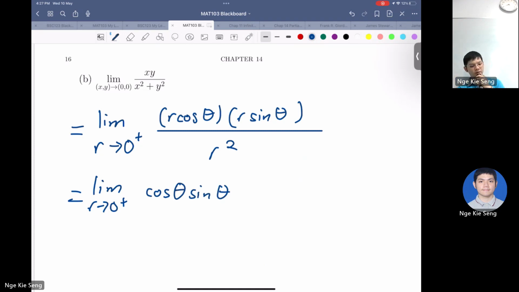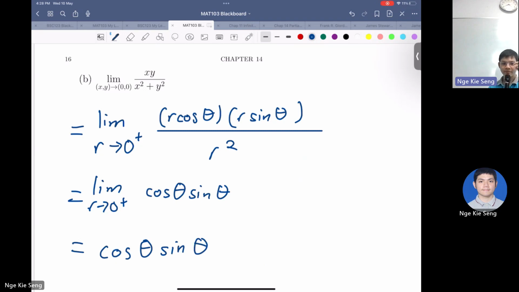So what's this limit equal to? 0? Why? Okay, this is a function in theta, so nothing in r. This is just cos theta times sine theta.